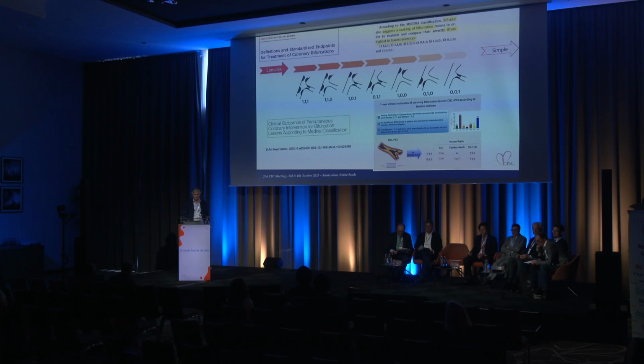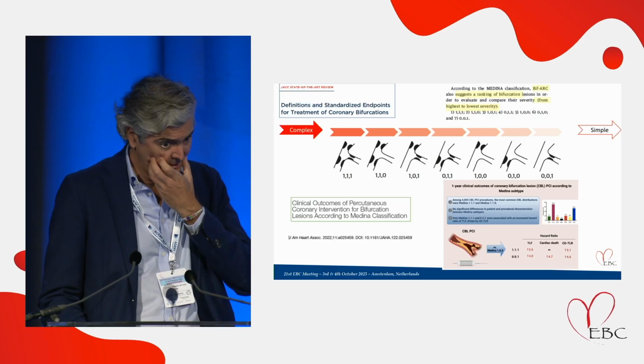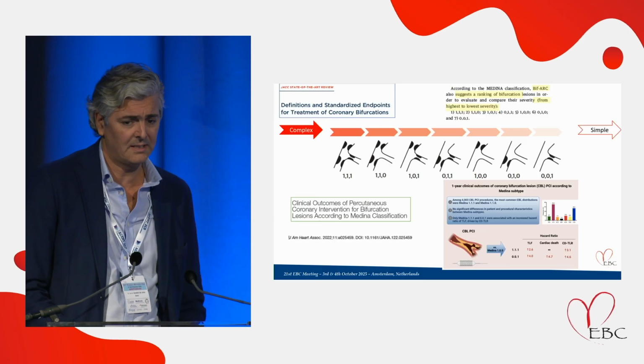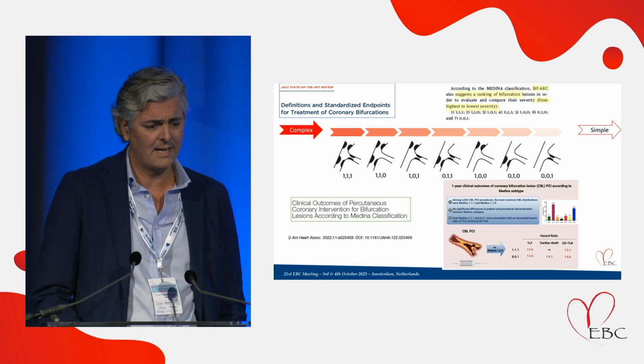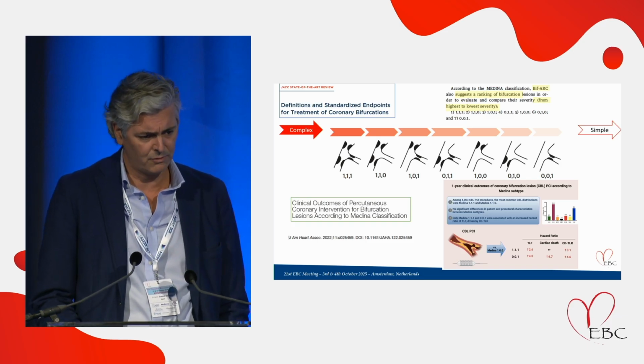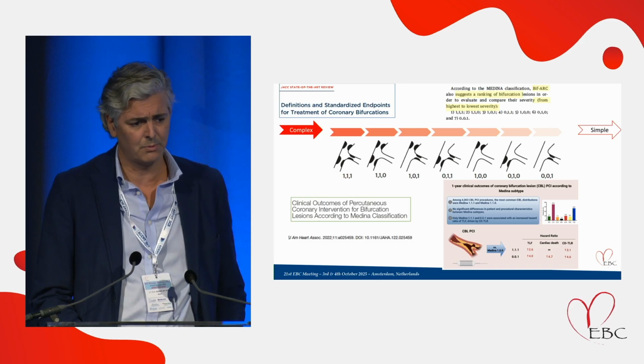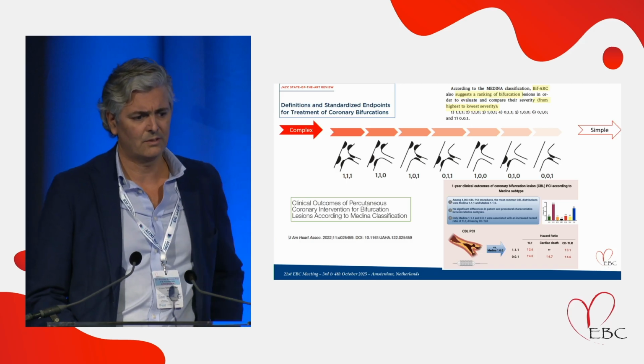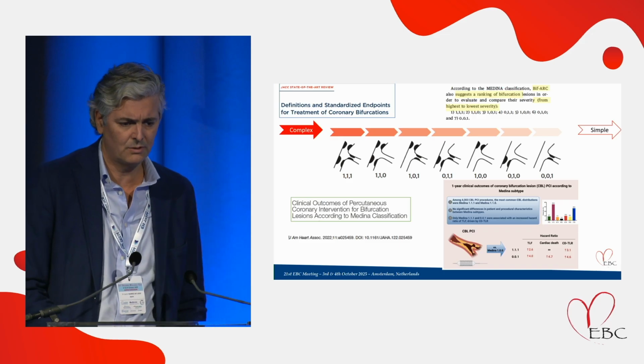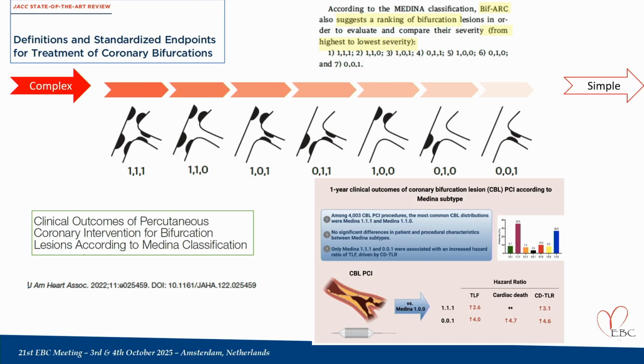0.0.1 lesions really remain challenging, but somehow this is paradoxical, because if we take a look at this ranking of bifurcations according to the Medina classification, proposed in this document of definitions and standardized endpoints for the treatment of bifurcation, 0.0.1 lesions were the lowest in severity.